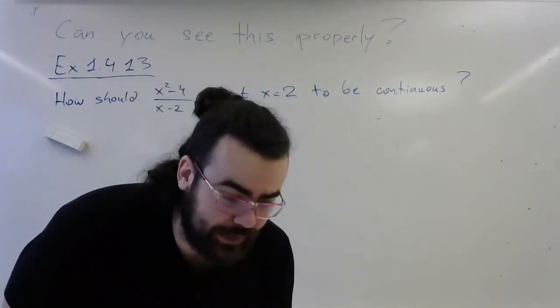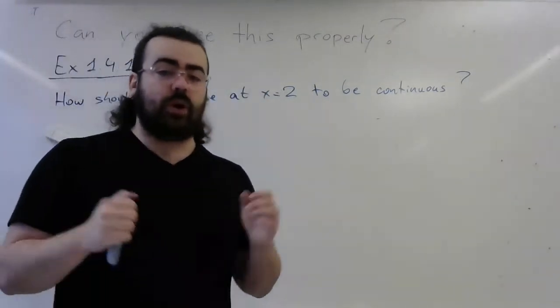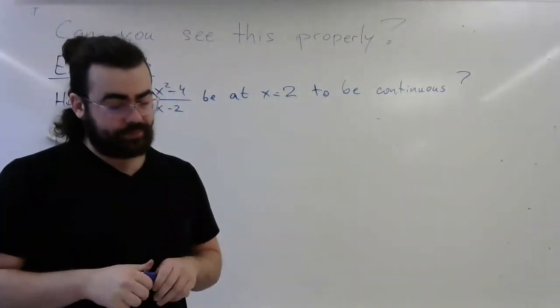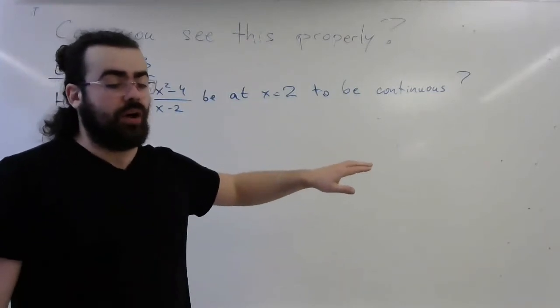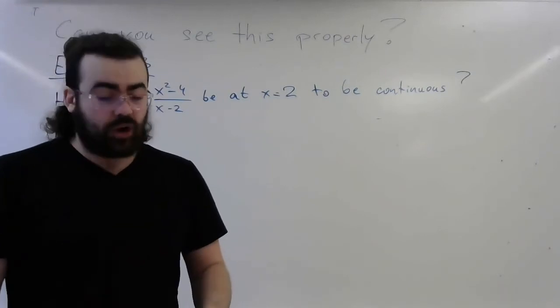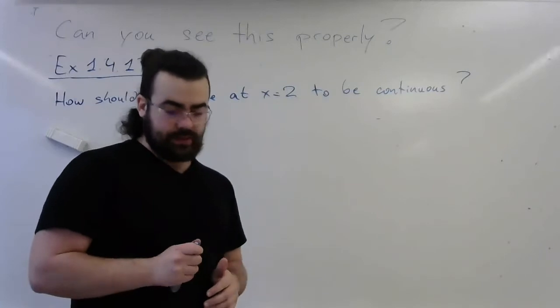I said that if the degree of the denominator is larger than the degree of the numerator, the limit is 0, but only in the case where x goes to infinity. The rules for polynomial quotients that I gave you here only apply if x goes to either infinity or minus infinity. Otherwise, you have to go and evaluate and do some manipulations with the polynomials.